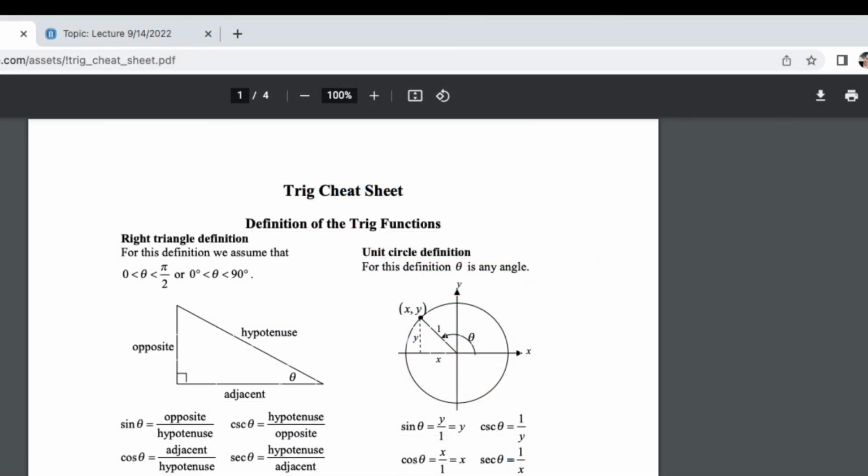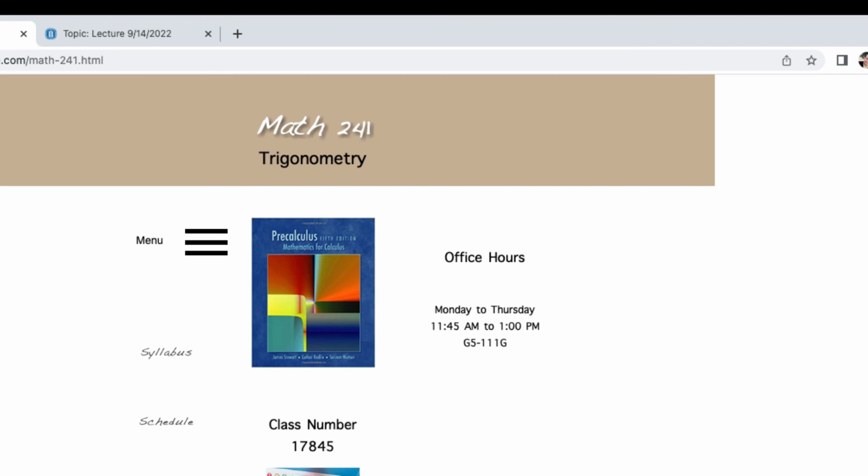This formula here, the cheat sheet formula? Oh, all students take calculus? Let me see what I can do. Let me see this. Hold on. Let me see. I'm going to copy that.